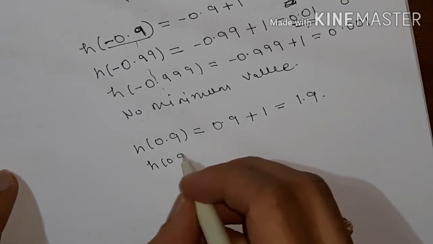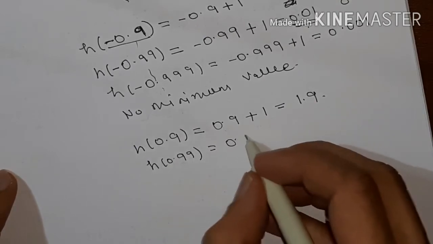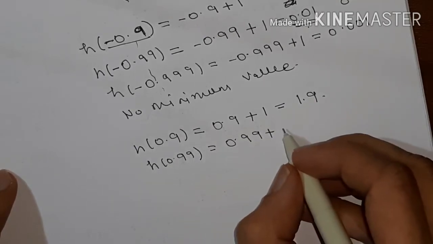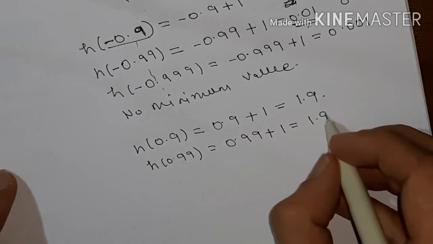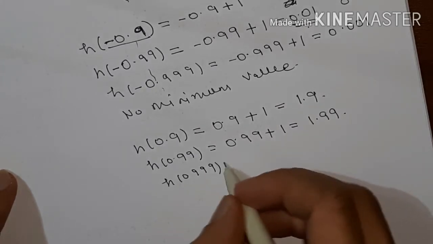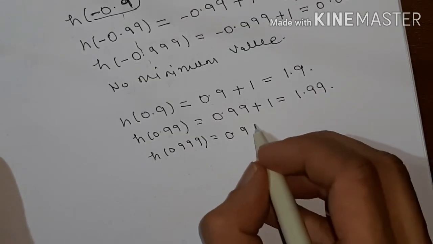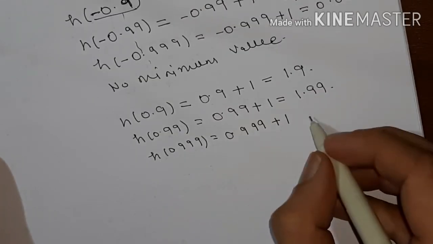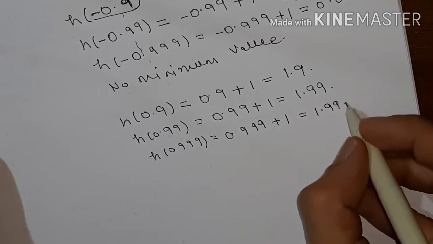Then 0.99, if you take, you will get 0.99 plus 1, which is 1.99. Then if you take 0.999, what you will get, 0.999 plus 1, which is 1.999.